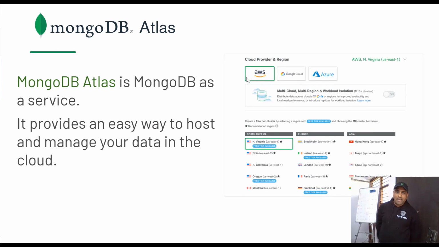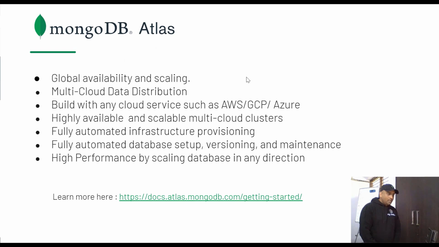We just saw MongoDB Atlas in action. MongoDB Atlas is MongoDB as a service. It provides an easy way to host and manage your data in the cloud. It is globally available and you can scale it on any data center. It is a multi-cloud data distribution. You can choose between Azure, GCP and AWS as your preferred cloud provider.